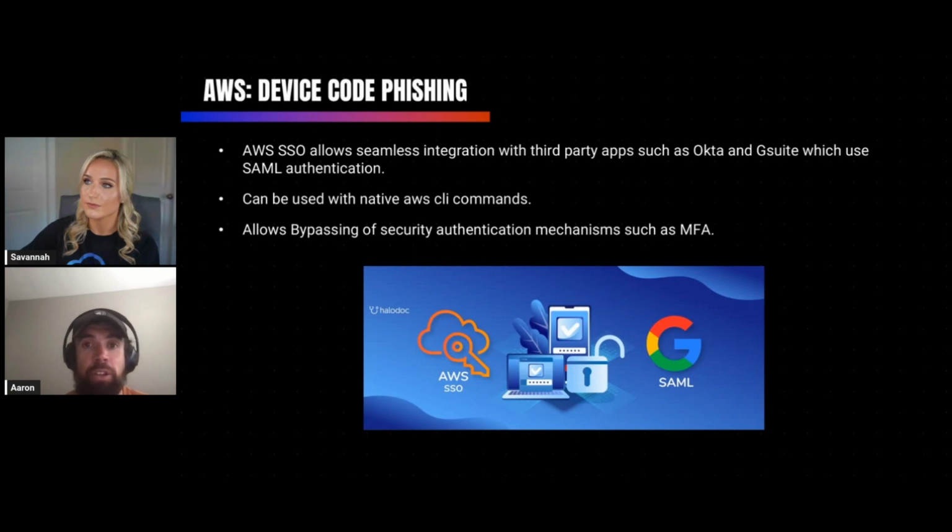And with that device code, you can potentially assume the access of the user that you are, let's say, sending a phish to. The reason you would want to do something like this is it allows you to bypass security authentication mechanisms such as MFA. If a user was to access that device code that you send them from an authenticated web browser, you would gain access to their access token and can use that to further enumerate roles within AWS itself.